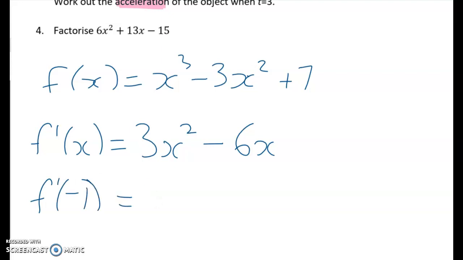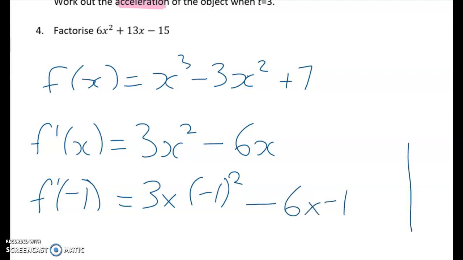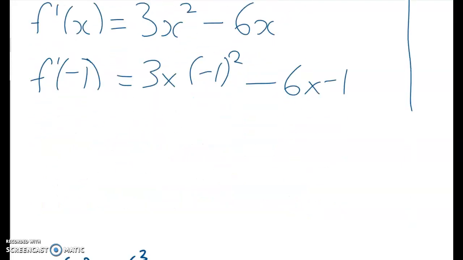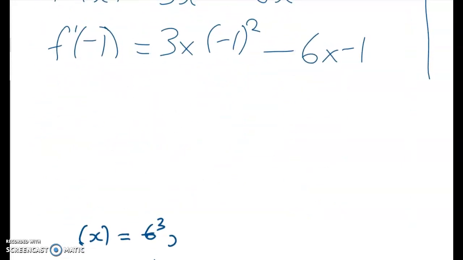So that's going to be 3 times -1 squared minus 6 times -1. And that gives me 3 plus 6, which equals 9.